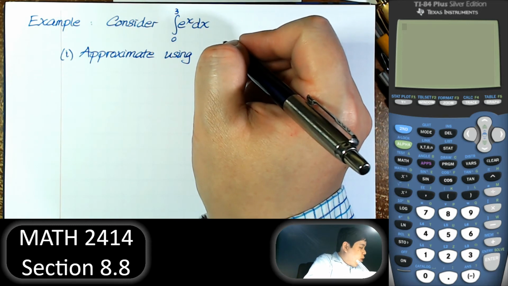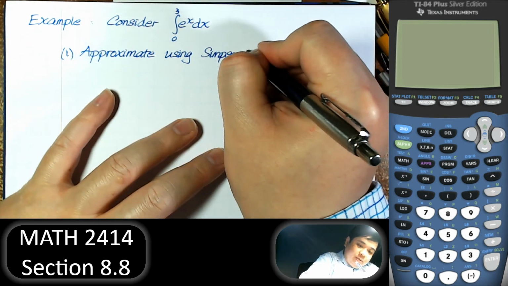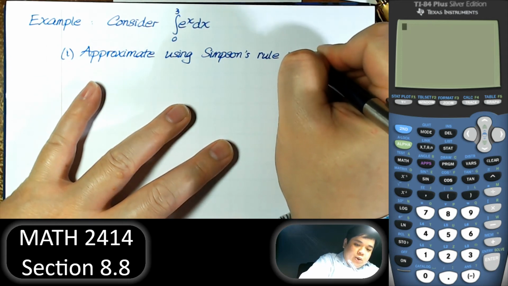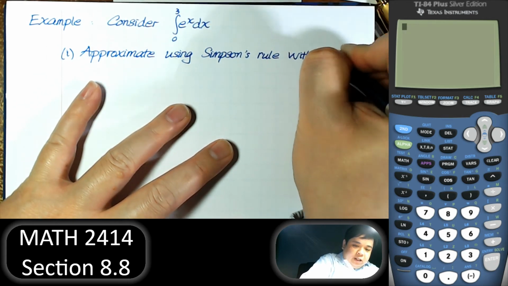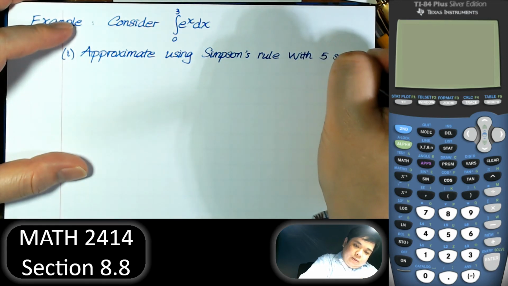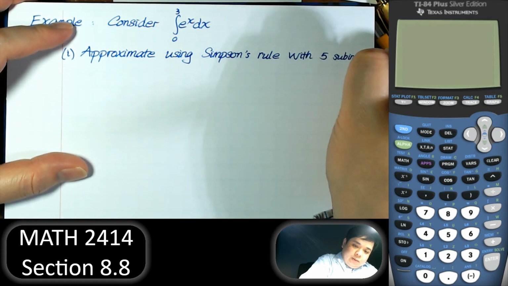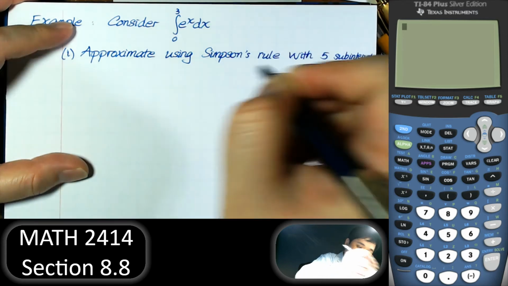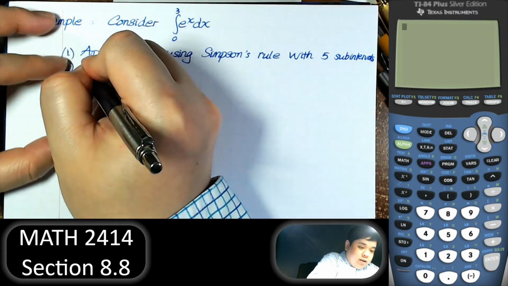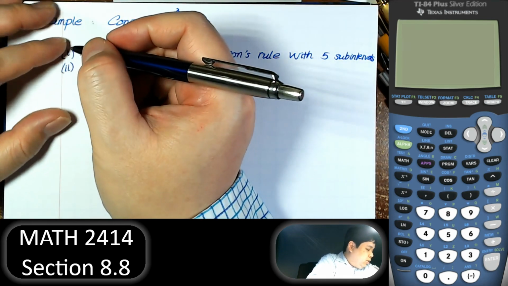And after that, we will estimate the error. Let's use 5 subintervals, and estimate the upper bound for error.